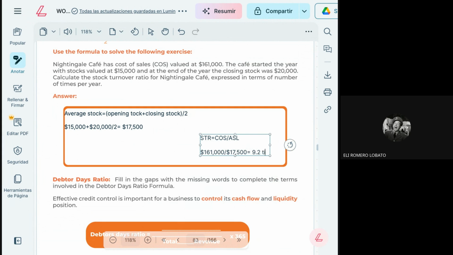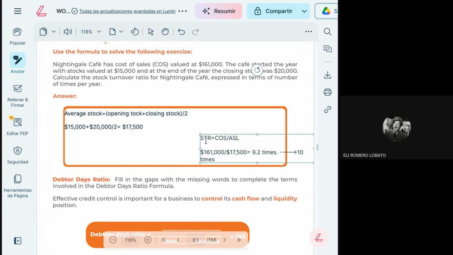9.2 times. But remember, we need to approximate it as 10 times. Give me a second. Ten times.